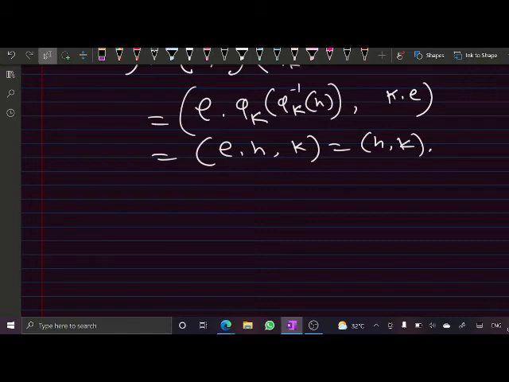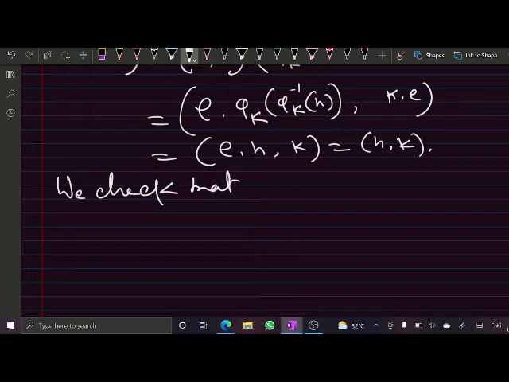Now our motive is to check whether the copy of H, that is H cross e, is normal in the semi-direct product.